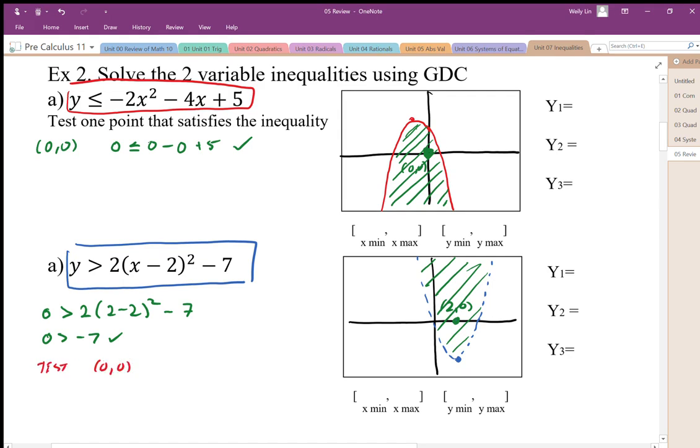We end up with 0 is greater than 2 times negative 2 squared minus 7. Well, 2 times negative 2 squared is 8, so 0 is greater than 1. That's not true. So the origin is just below that dotted line.